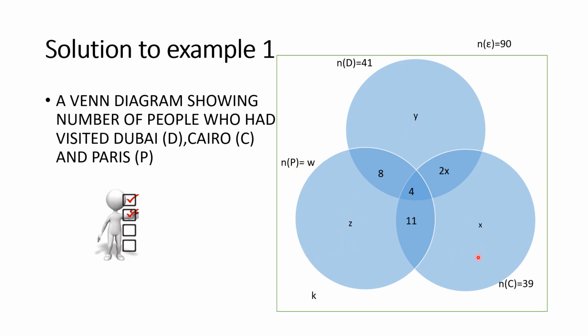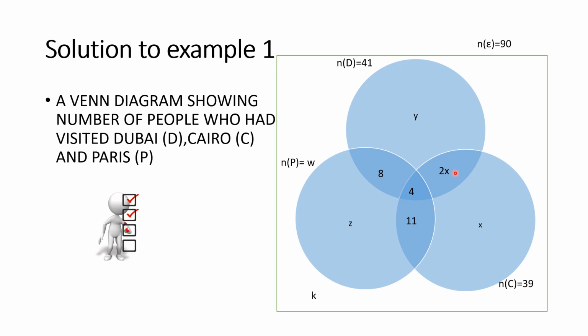Then X had visited Paris and Cairo only, and 2X had visited Dubai and Cairo only. But you can recall the other statement that the number of people who had visited Dubai and Cairo only were twice those who had visited Cairo only. So you can say that here I have X, and then I have 2X.